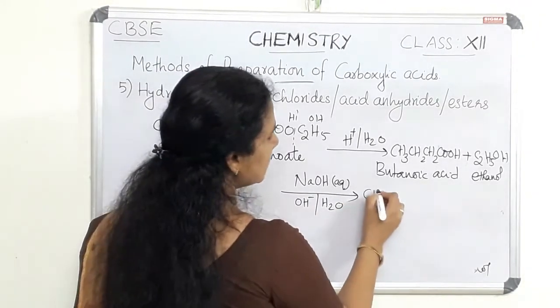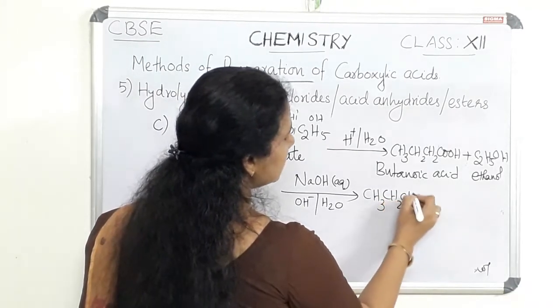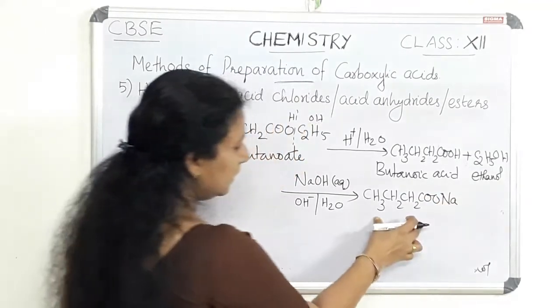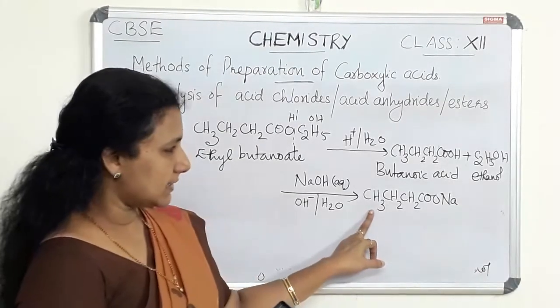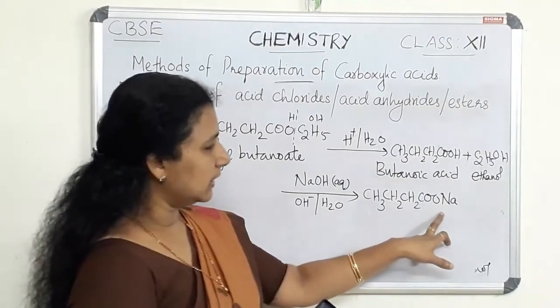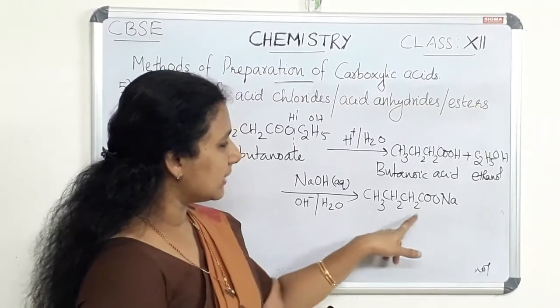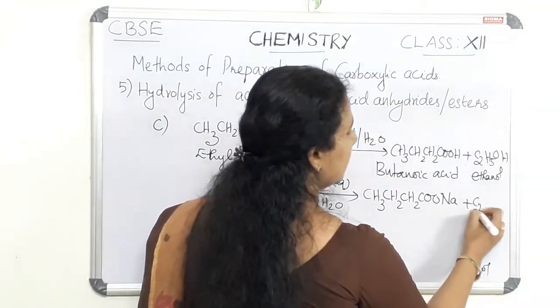So in this case, the products are CH3CH2CH2COONa. So here we will be getting the sodium salt of carboxylic acid, not the actual acid. In the first step we will get the sodium salt of the acid and ethanol.